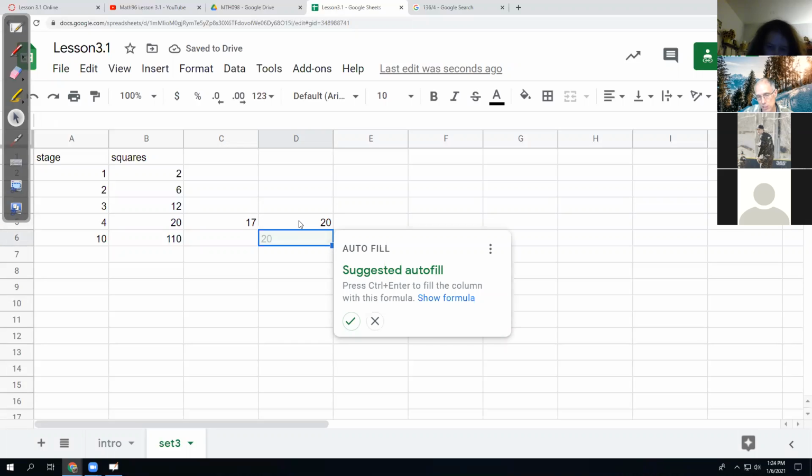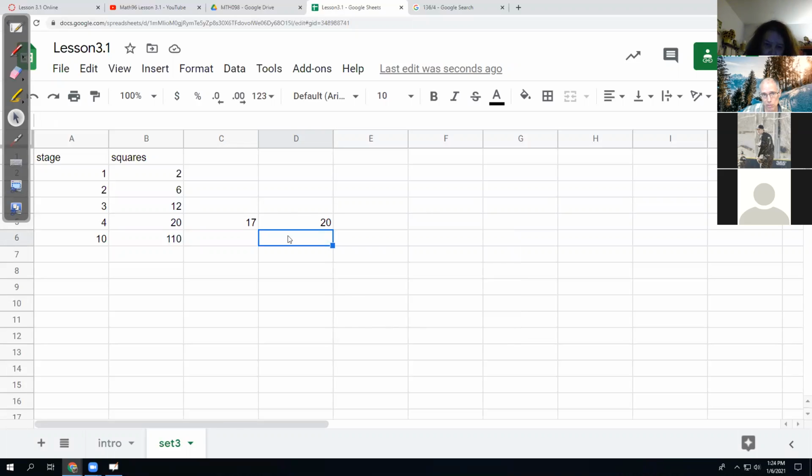So parentheses mattered, realizing that one of the numbers was n, the stage, and the next number was n plus 1. And sometimes figuring that out comes from experience, having done something like that before.